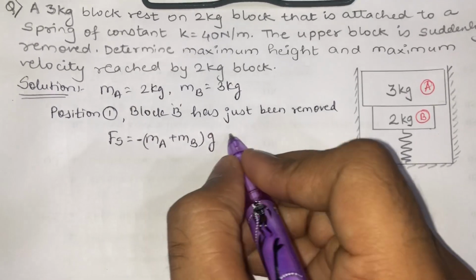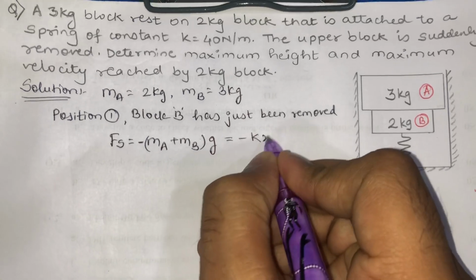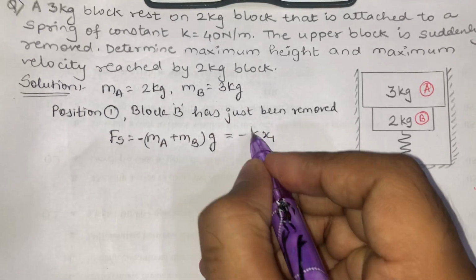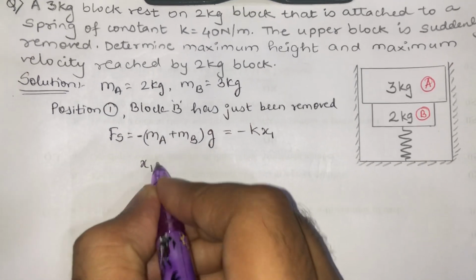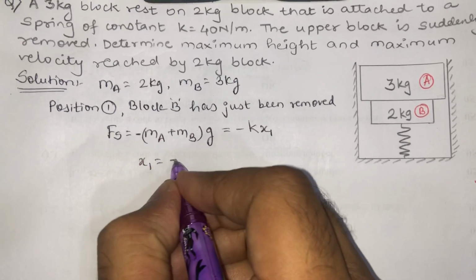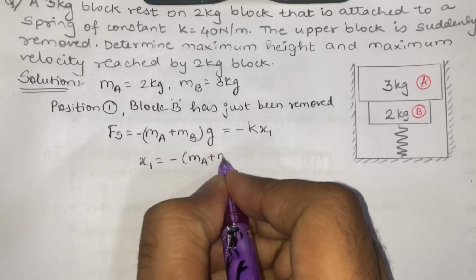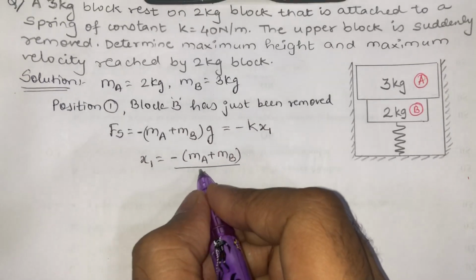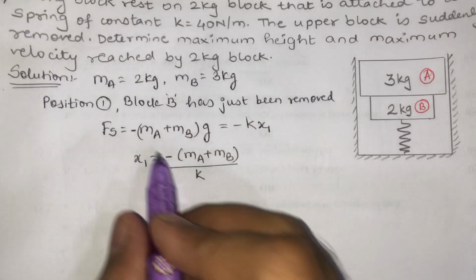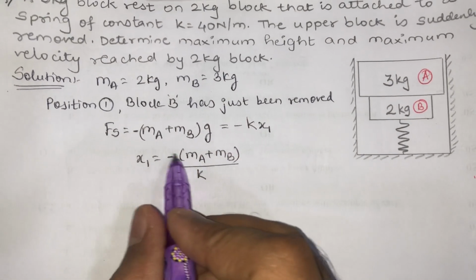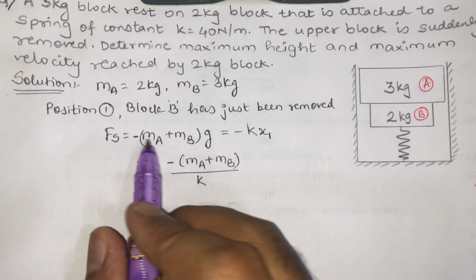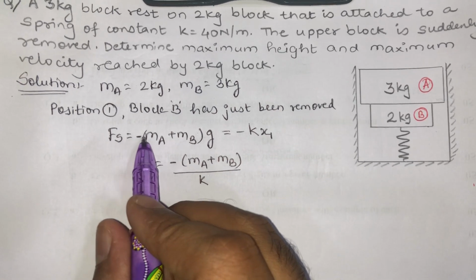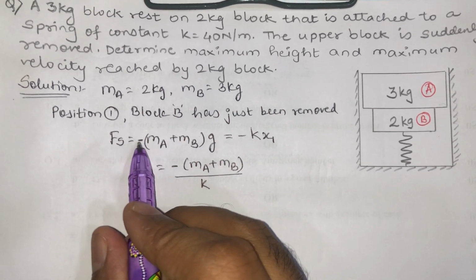Similarly, this can also be written as minus K into x1. If we relate these two, then we get x1 equals minus (MA plus MB) into G upon K. As you already know, if you equate these two, the minus gets cancelled, so why is this minus sign coming? Here this minus sign is just representing the direction, and even if you don't represent it, that will do.